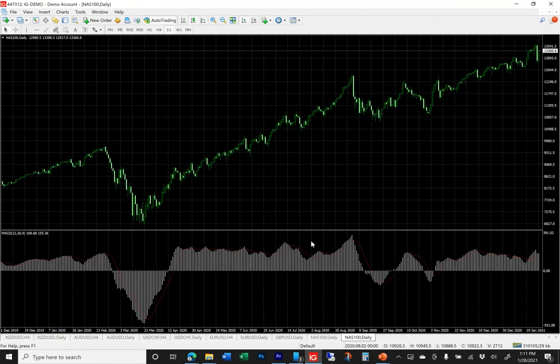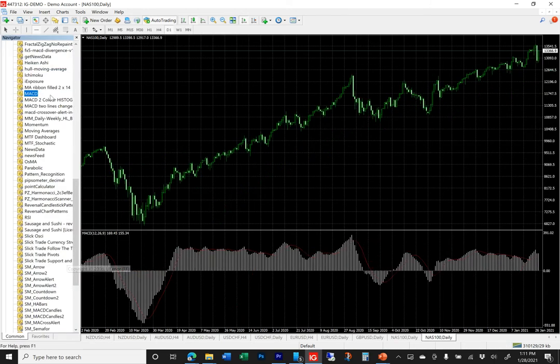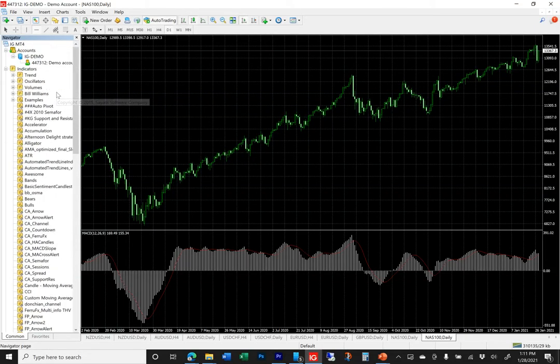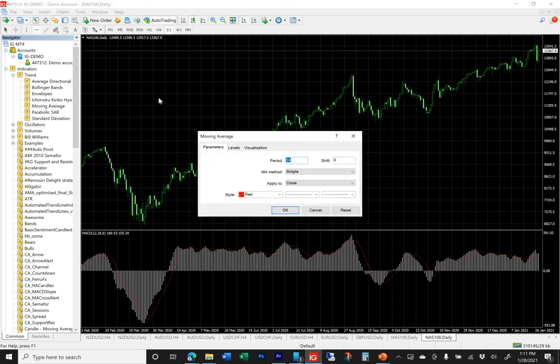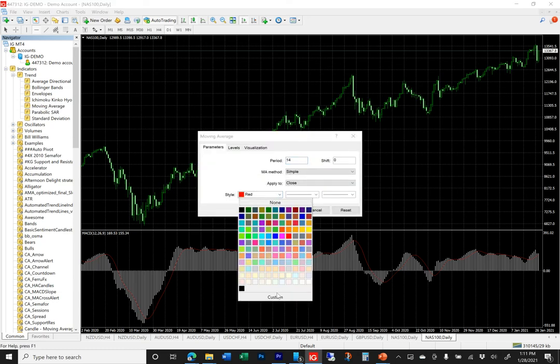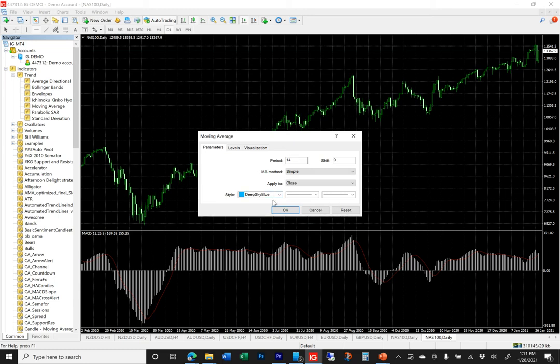So if we're just basing it on the MACD, actually, hold on. You should also throw on here, if you go under trend, moving average. Let's get some better colors here. Actually, let's do a white, so that'll be easily visible. And the period is going to depend on what time frame you're trading.